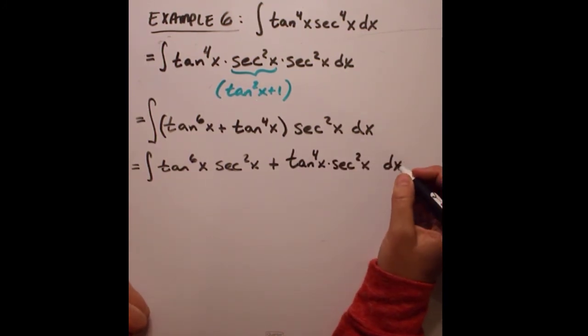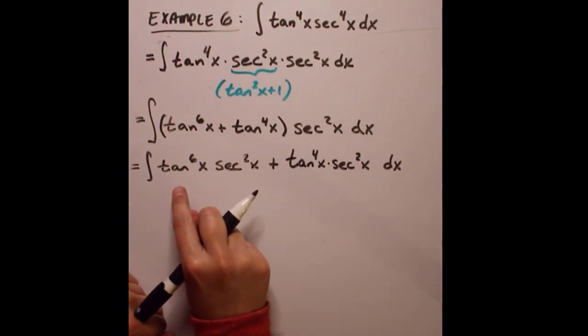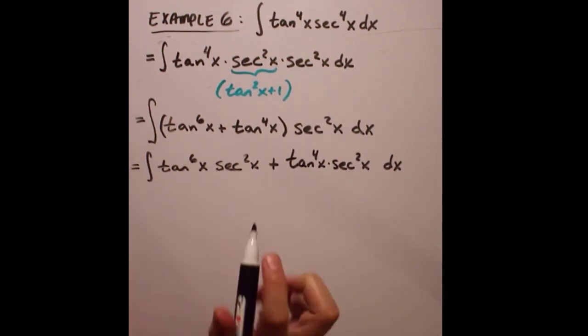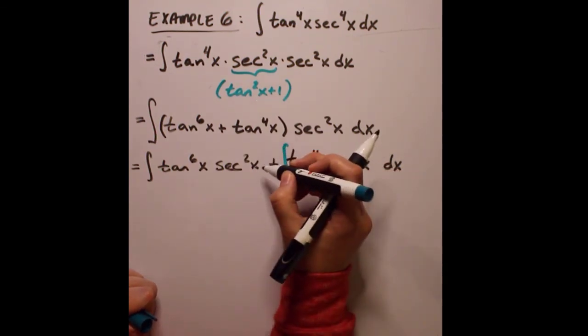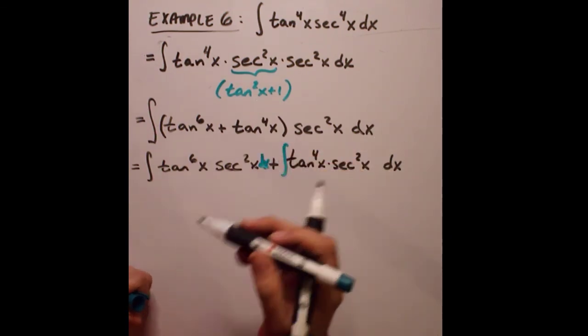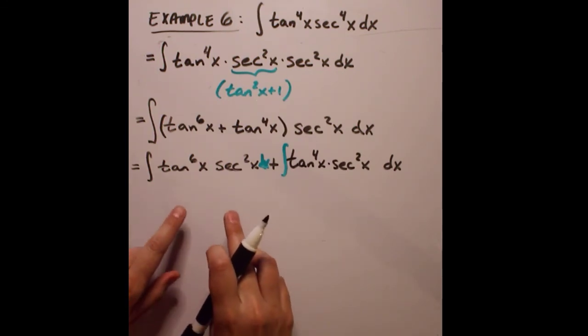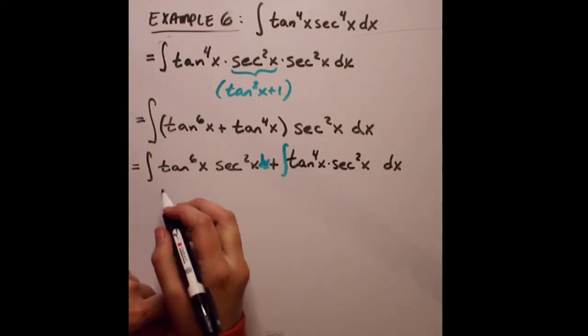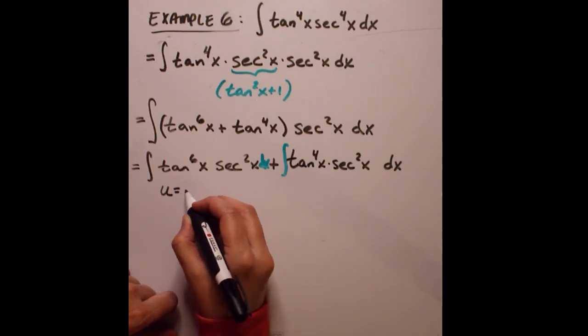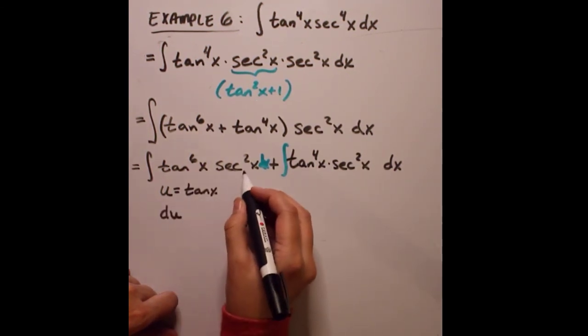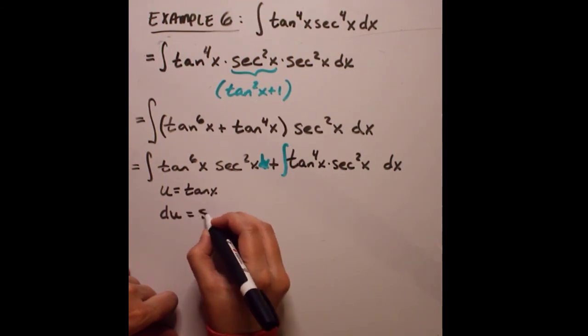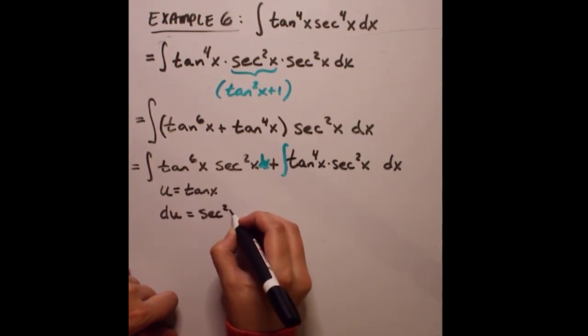Alright, now why this mattered and why this helped. Now we can separate this into two separate integrals, and I'll just do it in another color. If I go ahead and throw my integral sign on there and add a dx here, now we can use u substitution and it is going to work. In the first integral, if we let u equal tangent x, well, we only have a single secant squared dx, so that's going to be doable this time.